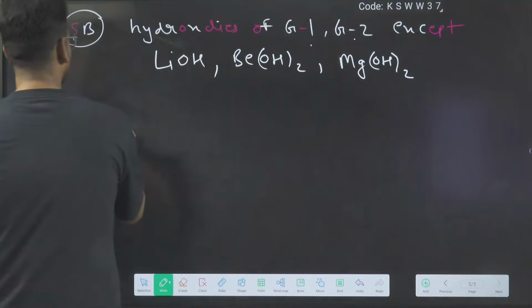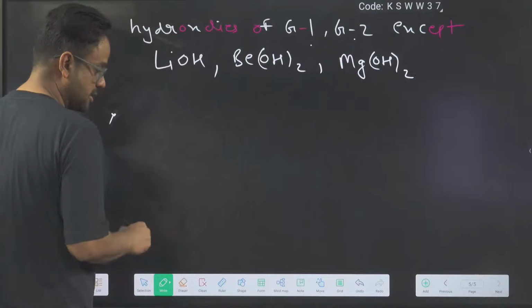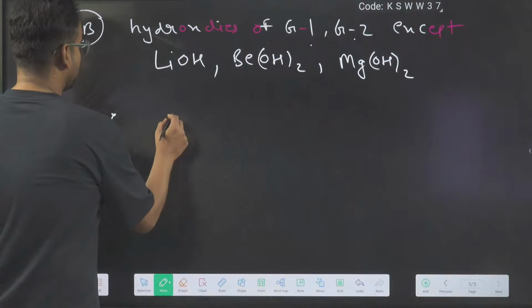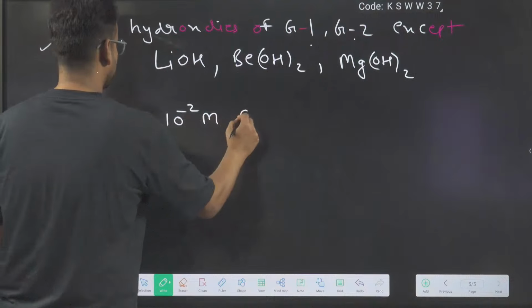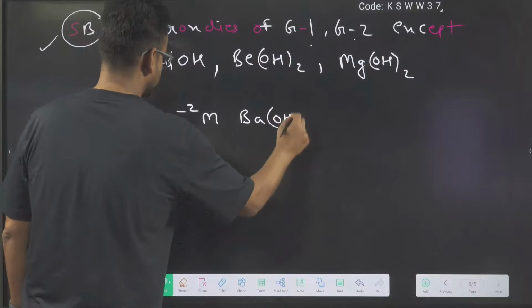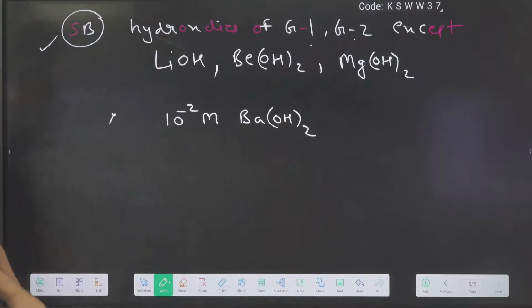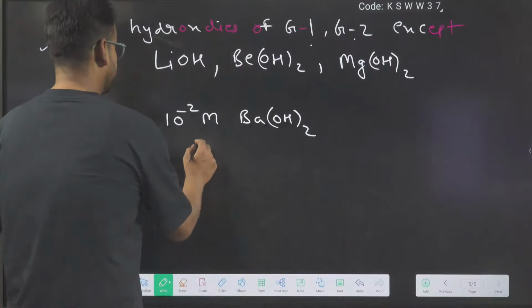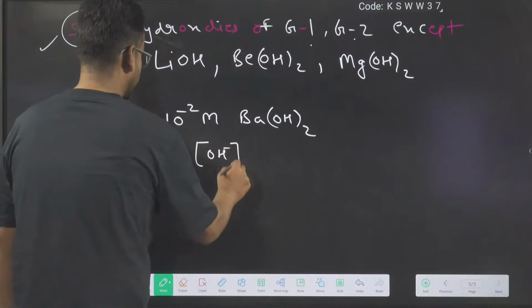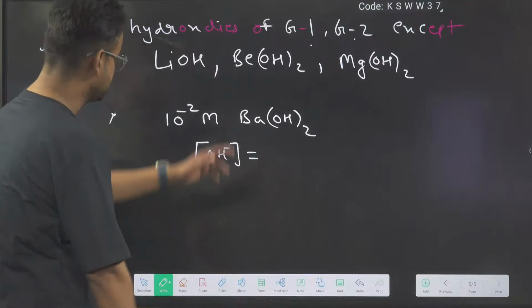So how do you calculate the pH over here, everybody? Suppose I ask you that 10 to the power minus 2 molar barium hydroxide solution is there. So in 10 to the power minus 2 molar barium hydroxide, OH minus would be how much? Double.